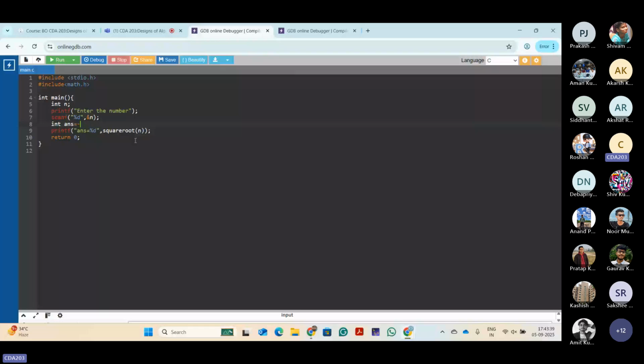If you cannot get the exact value, I think it will give you the largest integer close to the value. So maybe if your answer is 1.7, it may give you 2. Either it will give you 2 or 1.